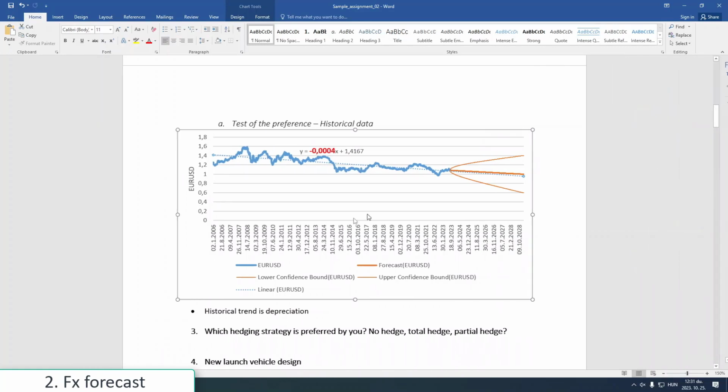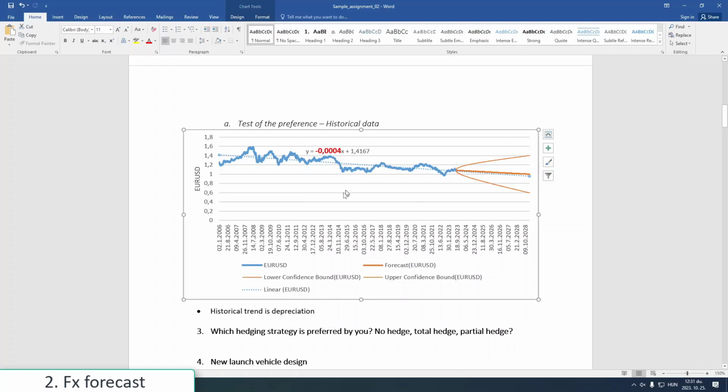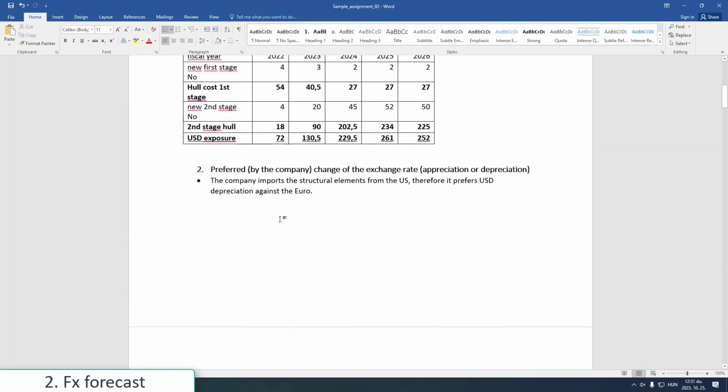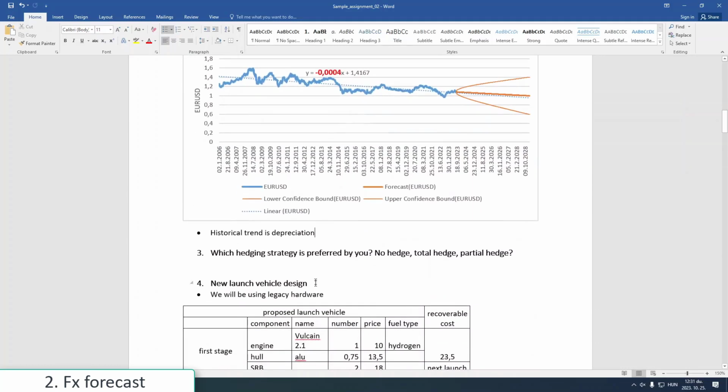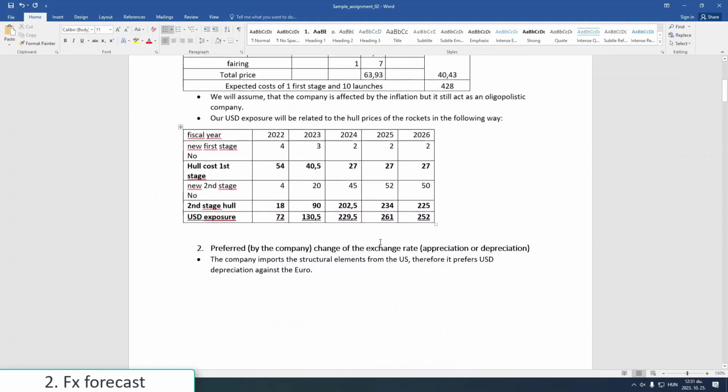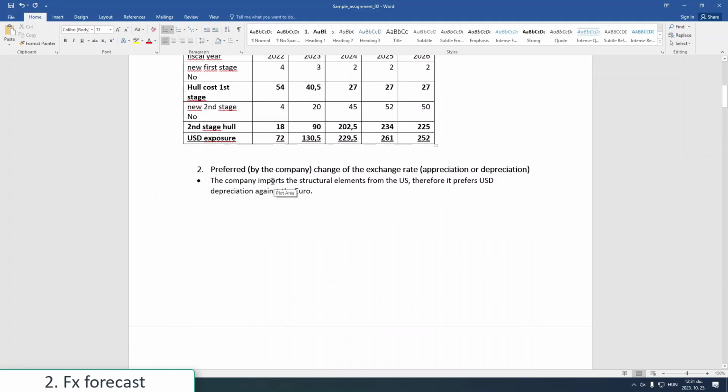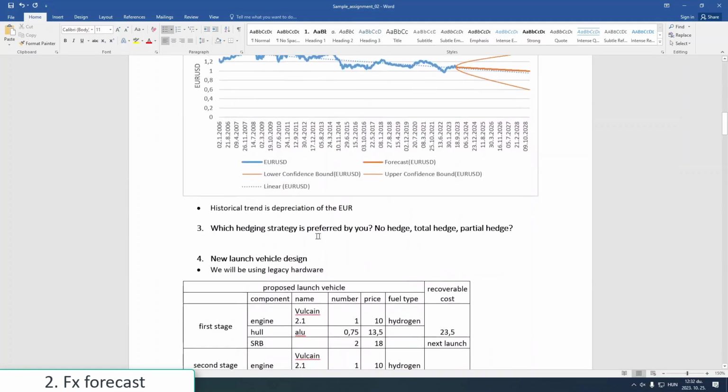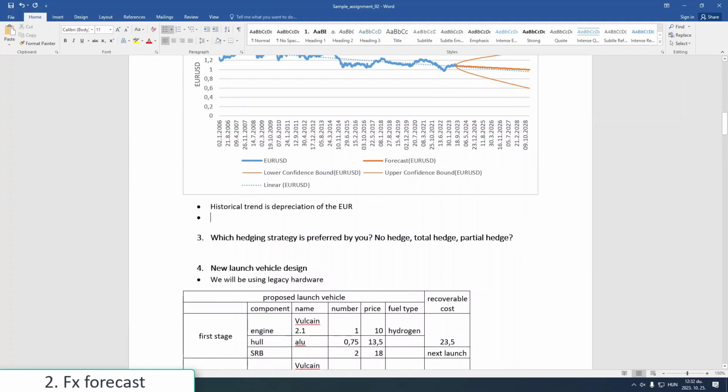So it should be nice. So there will be a problem, because it still considers the depreciation of the euro, while we are saying that it's backwards. So this can be a problem.